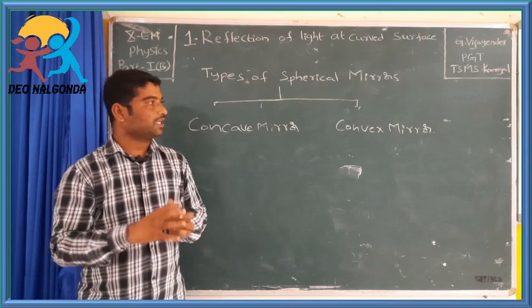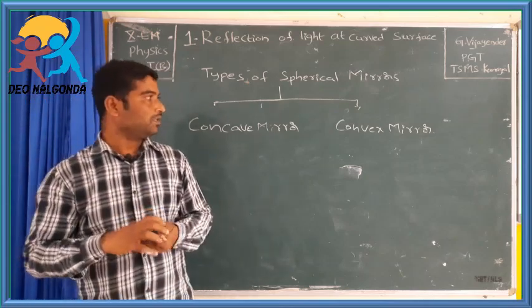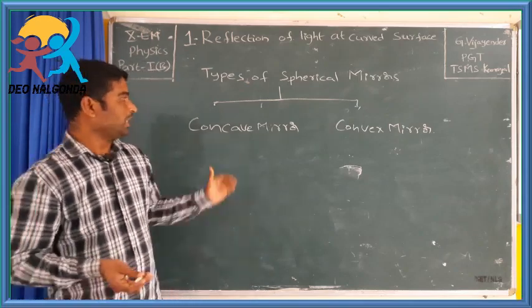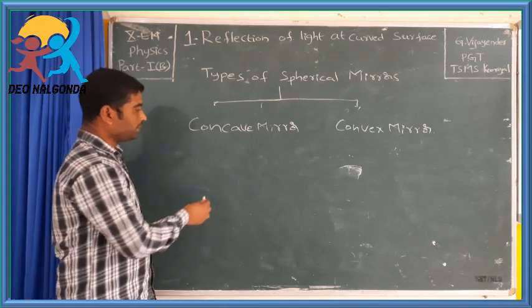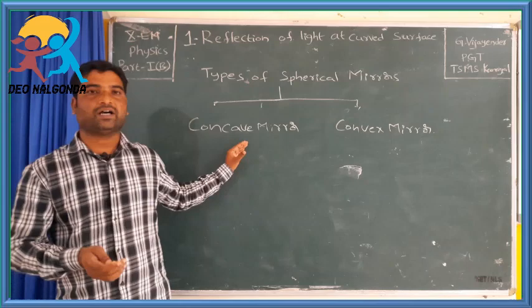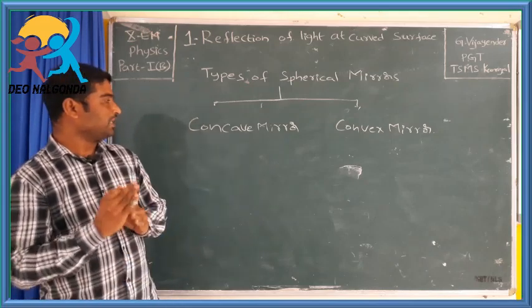These are parts of a sphere, that is, from a spherical glass we make the spherical mirrors. A concave mirror is a part of a spherical mirror which has the reflecting surface inside.